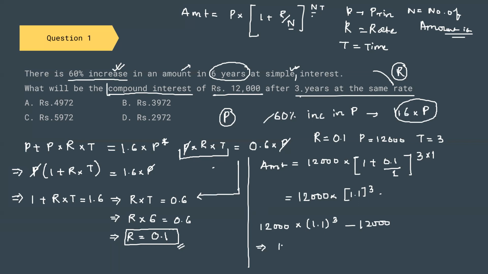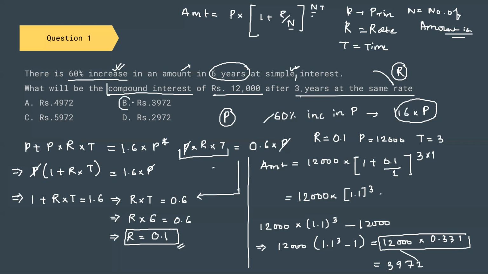We can take 12,000 common, so it will be 12,000 into (1.1 whole cube minus 1). This gives us 12,000 into 0.331. The final answer of this calculation is 3972. So this is option number B.